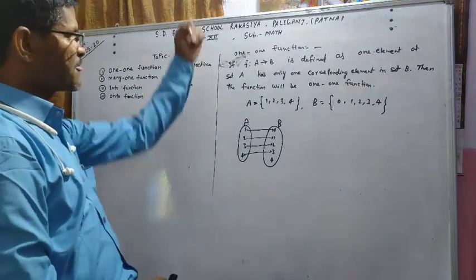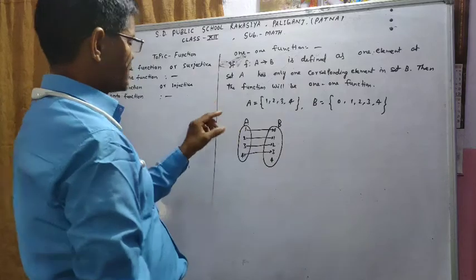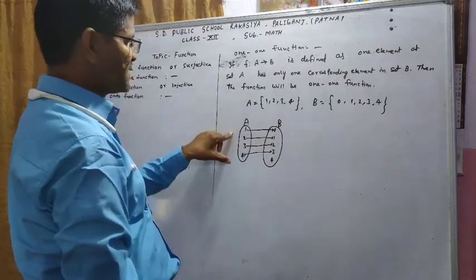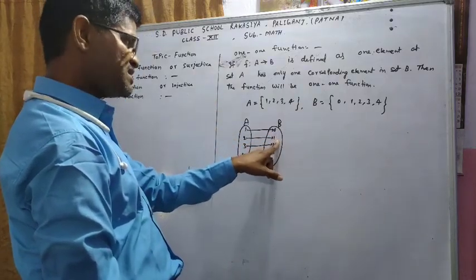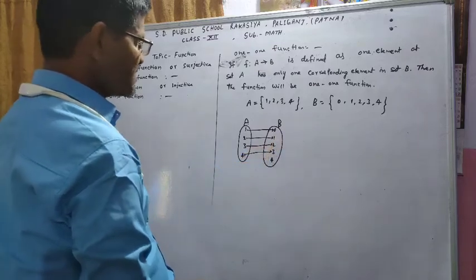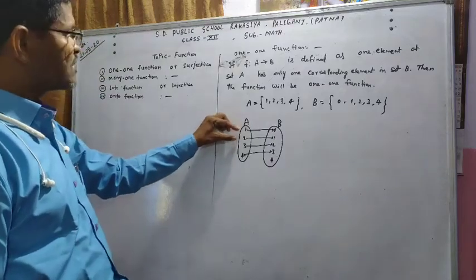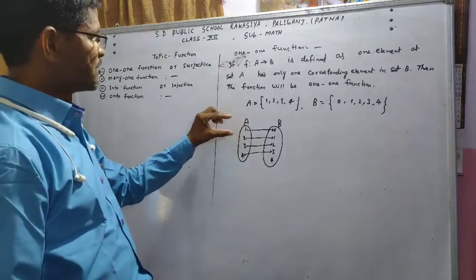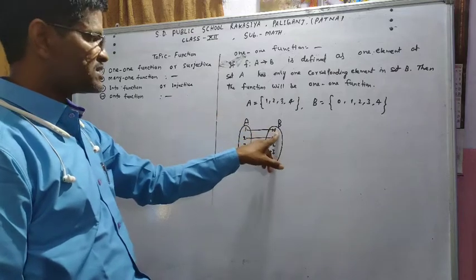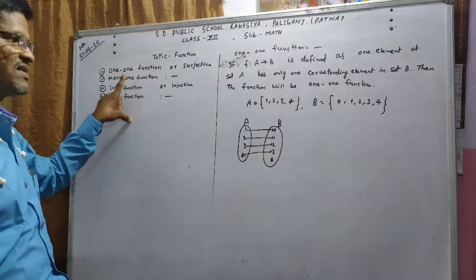In this mapping, every element of set A has only one image in set B. Hence, it is a one-one function. Sometimes more than one element has the same image in set B, and that type of function is called many-one function.